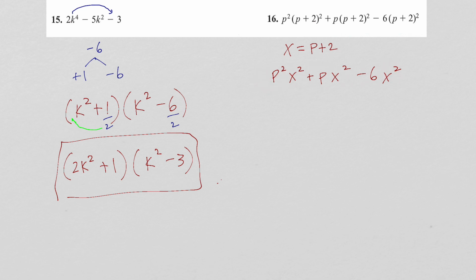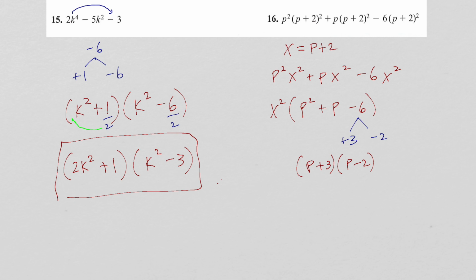So I'll factor out the x squared, and I'll be left with p squared plus p minus 6. There's no leading coefficient here, so I don't need to do slide, divide, slide. I'm just looking for factors that give me a difference of 1. So positive 3 and negative 2. So this part is p plus 3 and p minus 2.